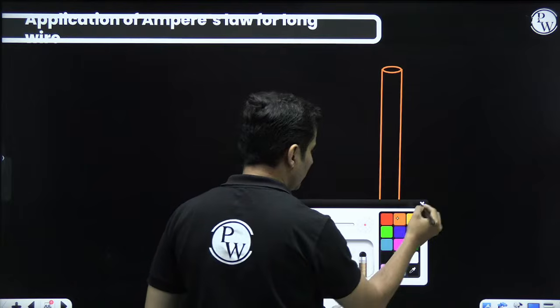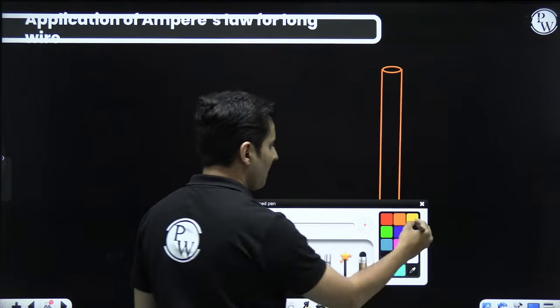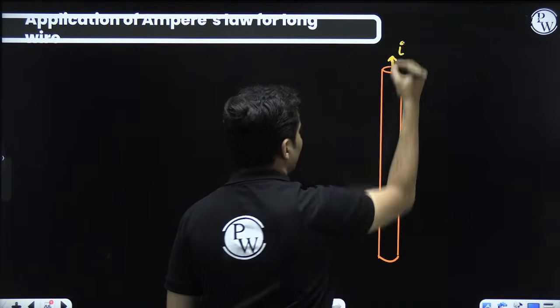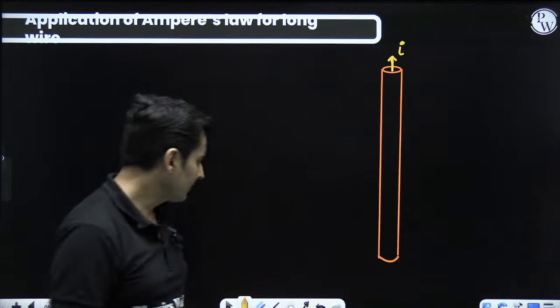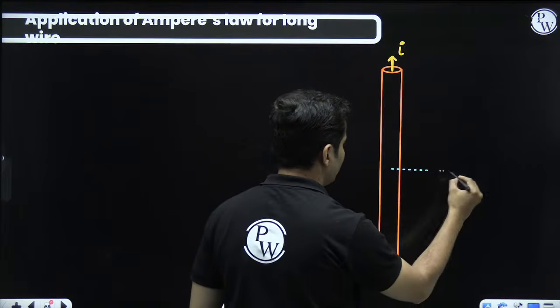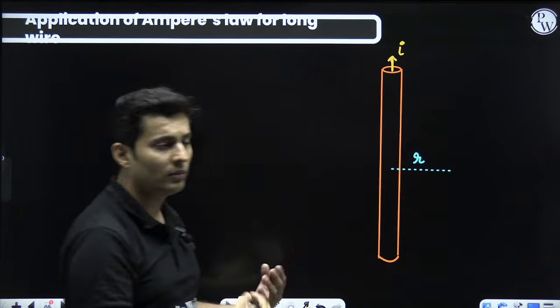Though we already know the answer, I am still going to solve it so that you know how to apply it. This has some current passing through it. I want to know the magnetic field at some distance r. So first I will locate that distance r. This is the distance r where I want to find the field.